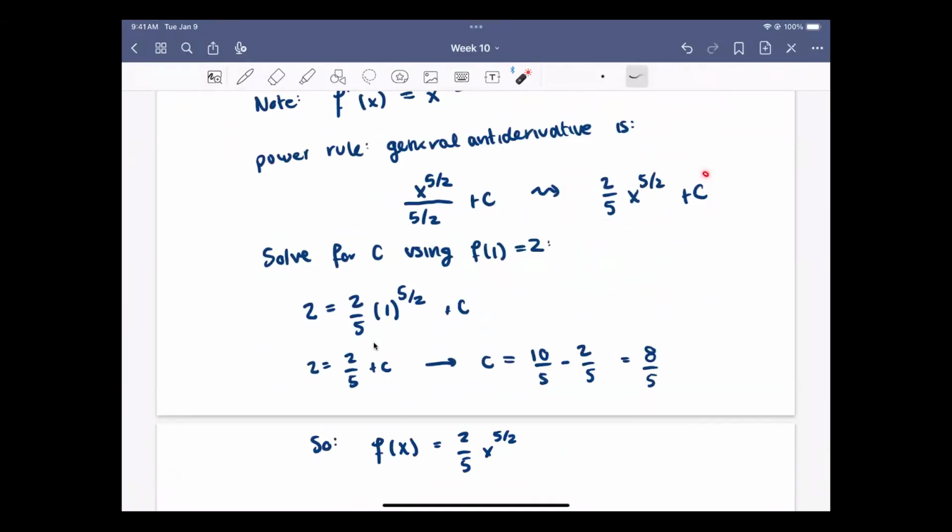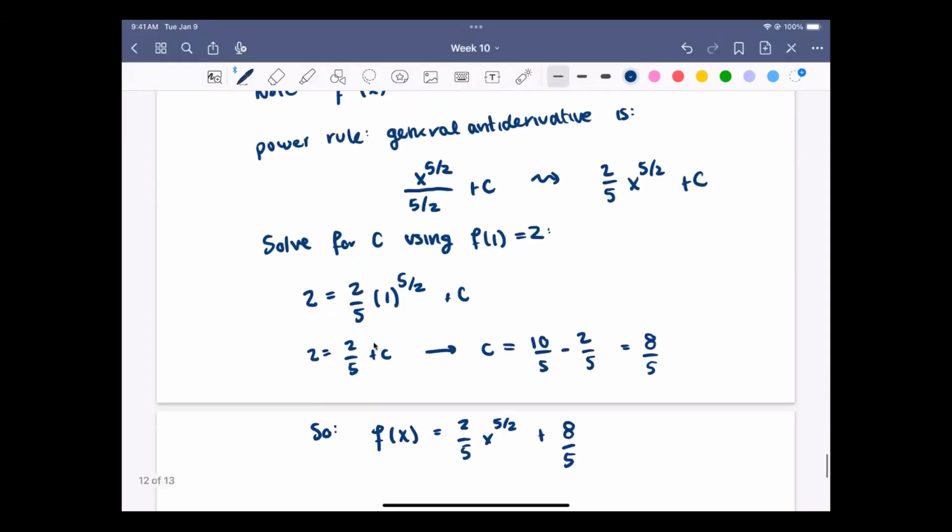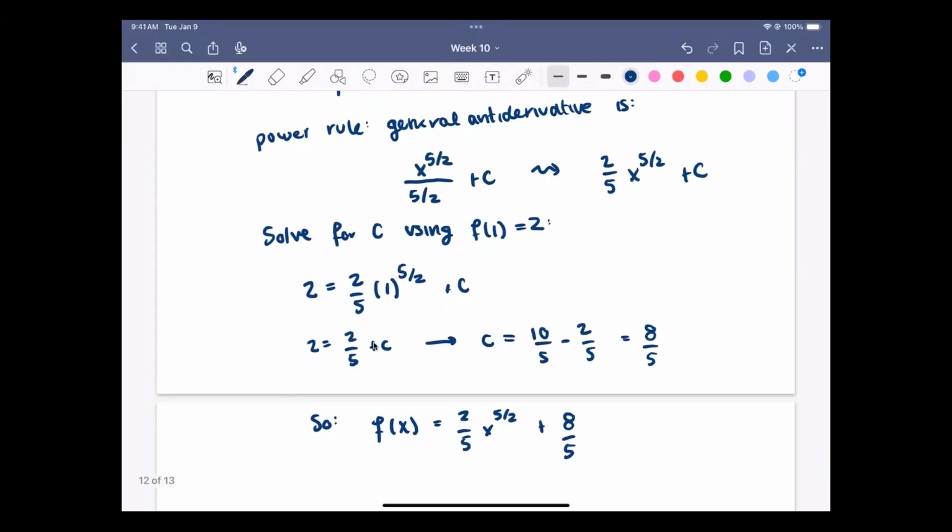And now we also know what this constant c has to be. So plus 8/5. Okay, does that make sense?